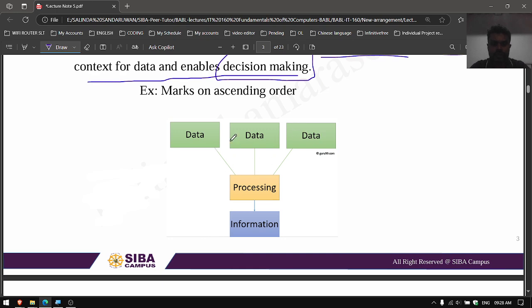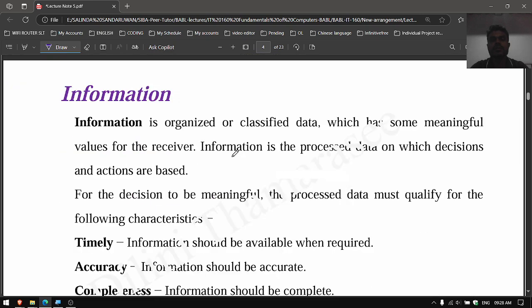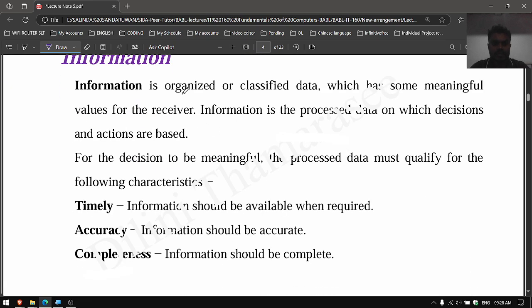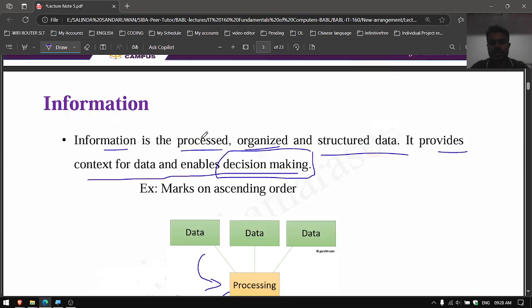Here is a graphical representation. Data is processed and we have the output as information. Let's move on. Information is organized or classified data which has some meaningful value for the receiver. Think about the class teacher.